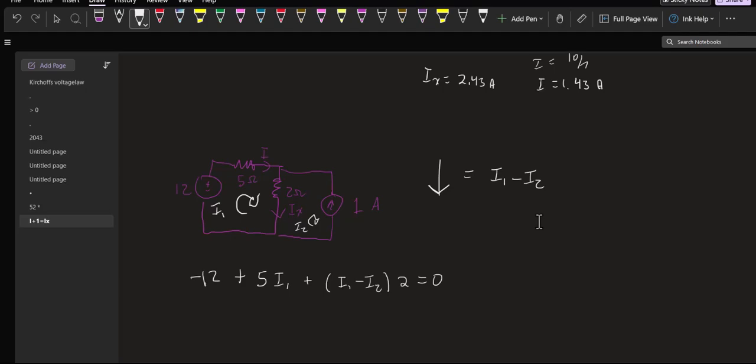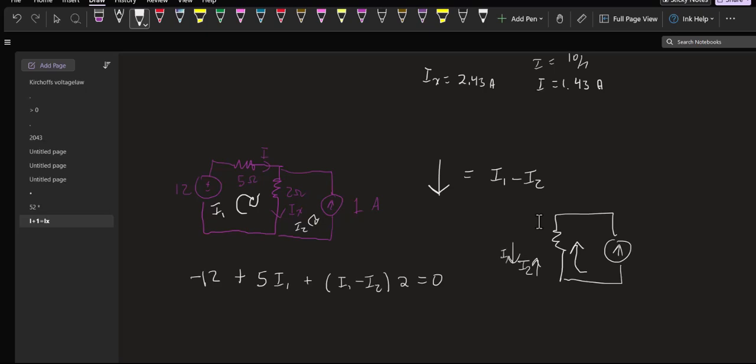Now for the right-hand loop, this time I'm following the path going around with I2. So as I'm going around this path with I2, notice I'm going in a different direction. So I'm going up this branch, and going up this branch, that's going in the direction of I2, because I2 is going up, I1 is going down.